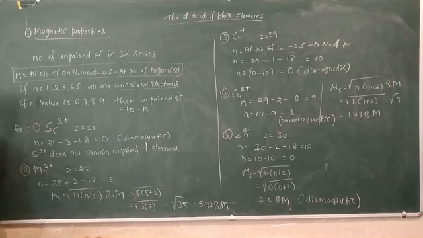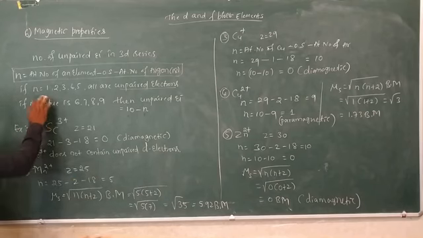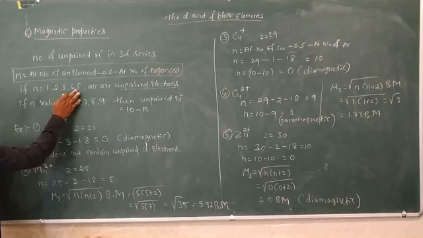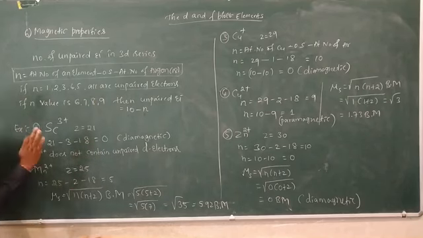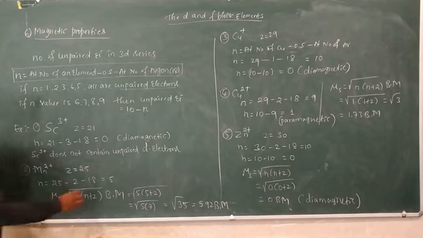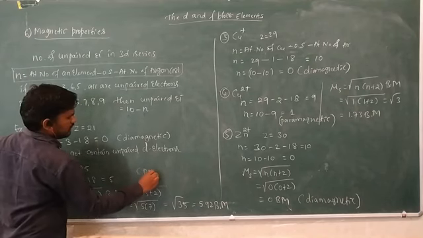Mn2+. Atomic number 25. Atomic number of the element 25 minus oxidation state 2 minus nearest noble gas 18 is equal to 5. Now 5 is in the range 1 to 5, so the n value is 5 and all are unpaired electrons. 5 unpaired electrons, so it is paramagnetic in nature.